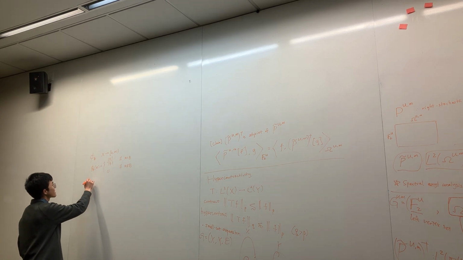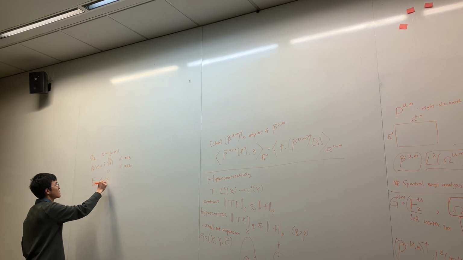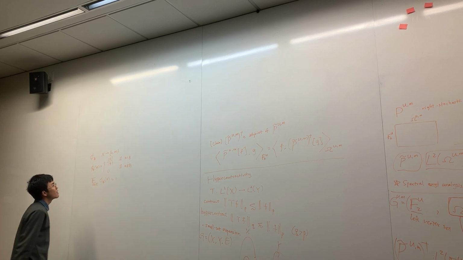So why is this a probability density function? Because for a random X, the expected value is 1.